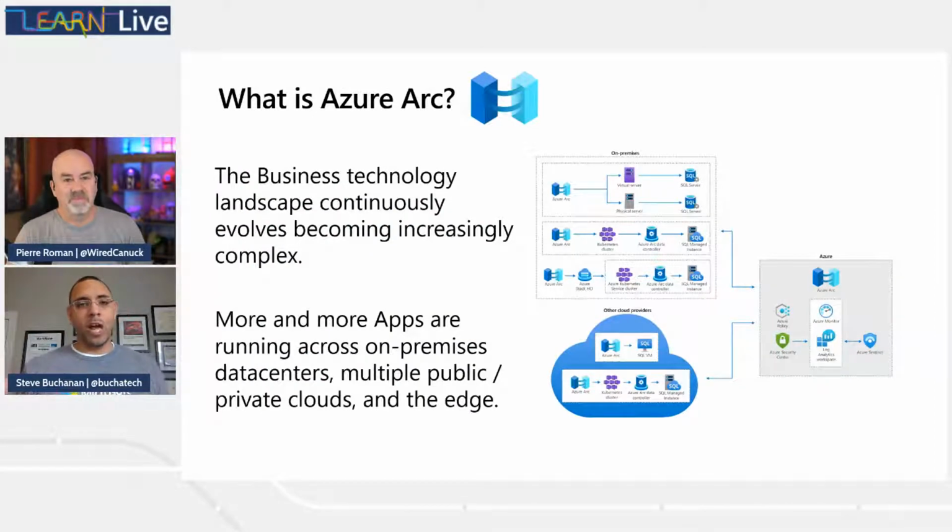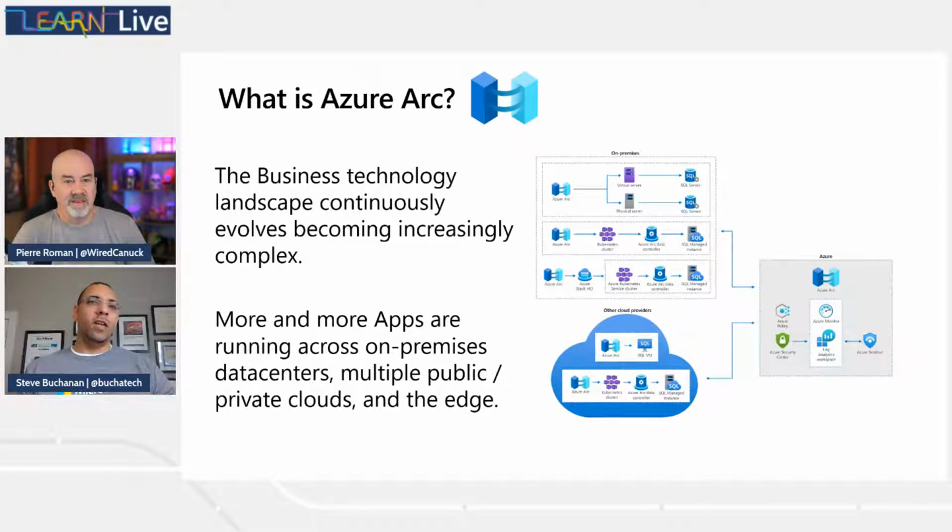And so this is just kind of going back to what Pierre referenced, is that businesses and their technology landscape, they're becoming more complex, right? And more companies are running apps or running workloads across environments.